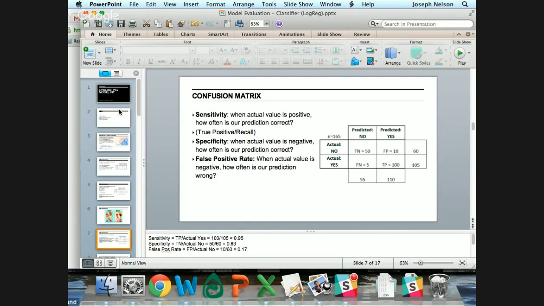So the total number of actual no's is 60, but the predicted number of actual no's was only 50. So the rate at which our model said no divided by the actual total number of true no's overall, 55 by 60, so 0.83.